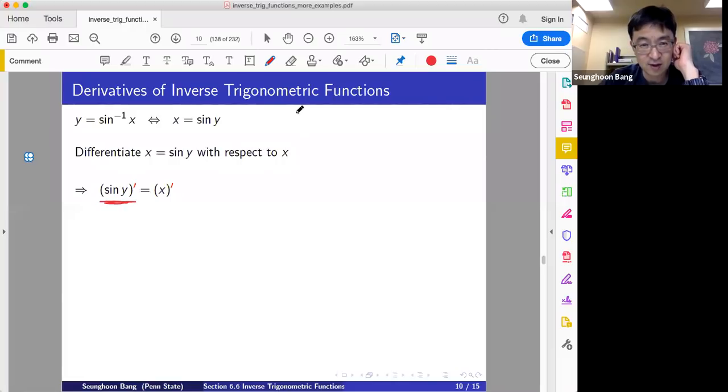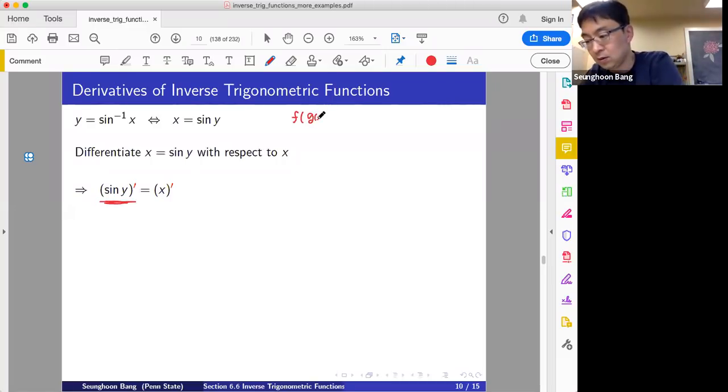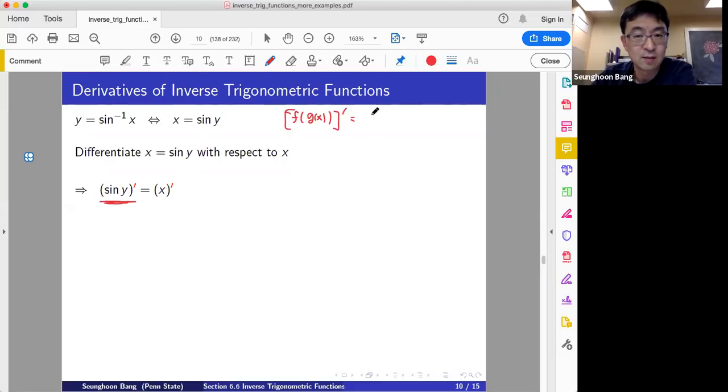So we have the derivative of f of g of x equals f prime of g of x times g prime of x.